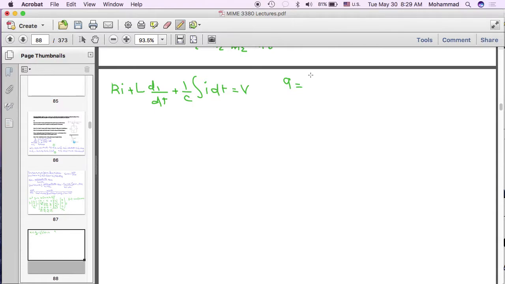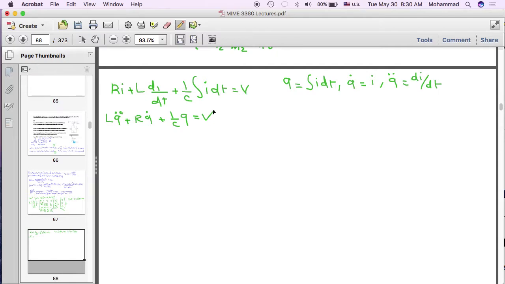It's the integral of current, i dt, which means Q dot is equal to what? And Q double dot is equal to? Yes, very good. So we are going to use this notation and write this as L Q double dot plus R Q dot plus 1 over C Q, and that is equal to V.